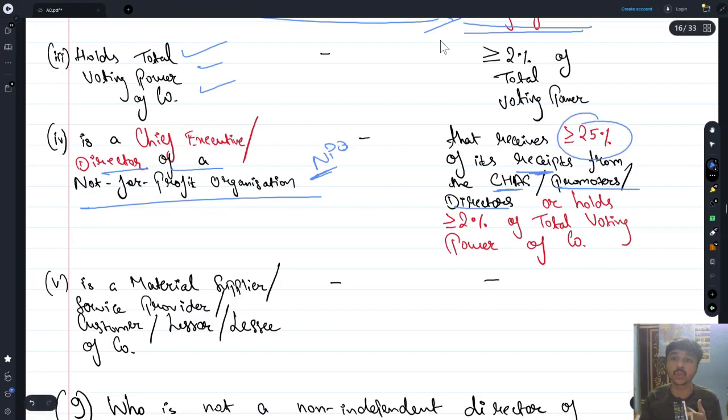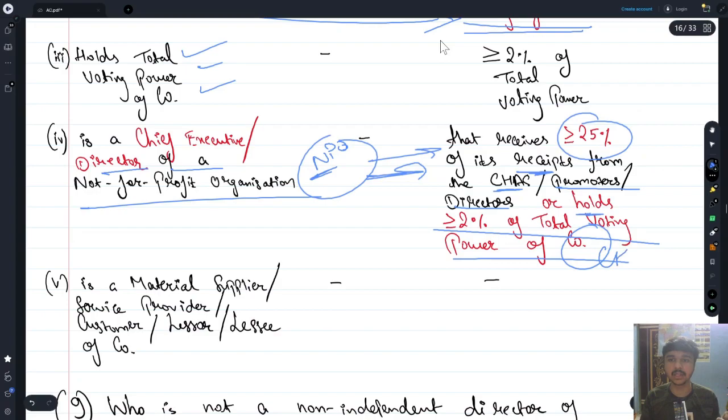Of its total receipts. Whose total receipts? This NPO's total receipts. Or this NPO is holding 2% or more than 2% of total voting power of the company. Here it is not CHAS, only the company. In that case, bro, get out. You cannot be an independent director.